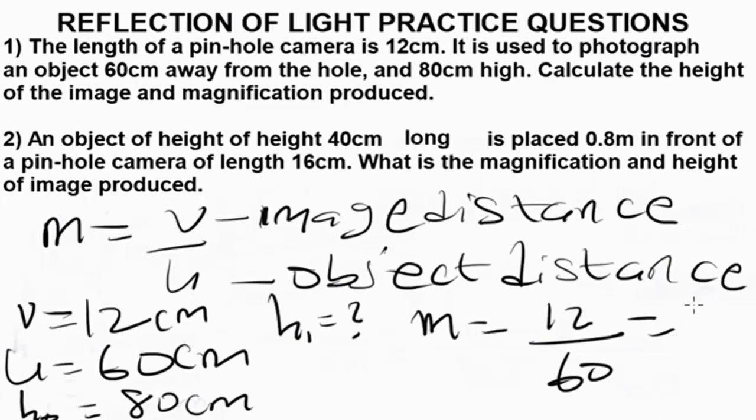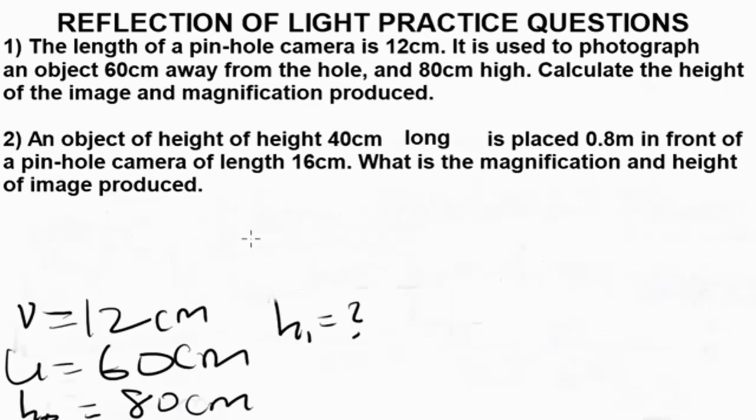So either you leave it as 1 over 5 or 0.2. That will be the answer. It does not have a unit. Magnification does not have a unit. Okay, so that's it for magnification. Now let's go ahead and find the height of the image. Let me wipe some parts below.